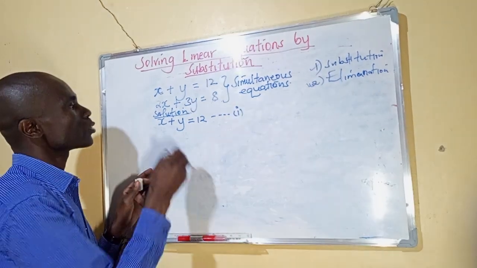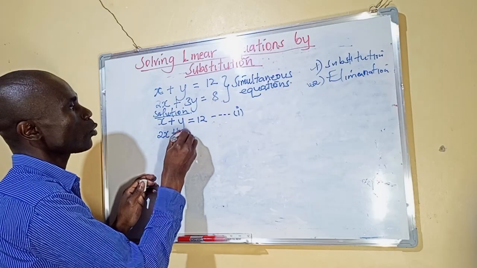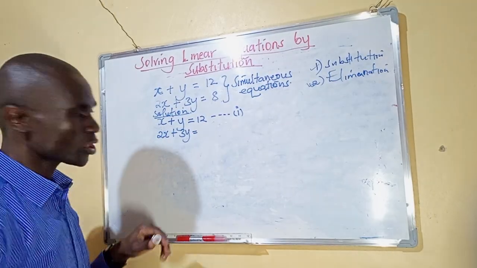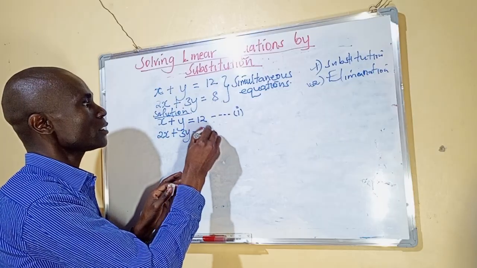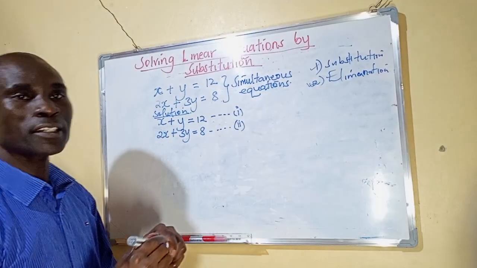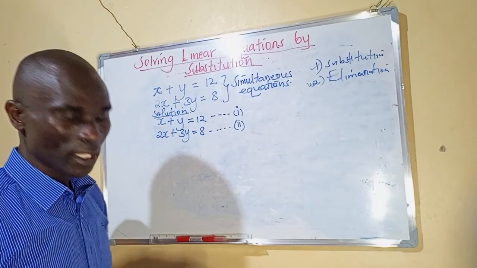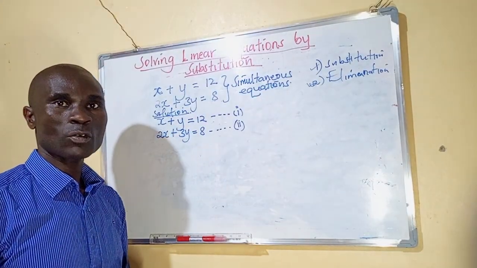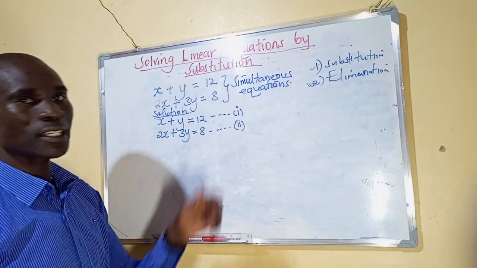Then 2x plus 3y, wherever you're watching us from, is equal to 8, and that is equation 2. So we calibrate it that way. We rename them, to use layman's language. This is equation 1 and this one is equation 2.